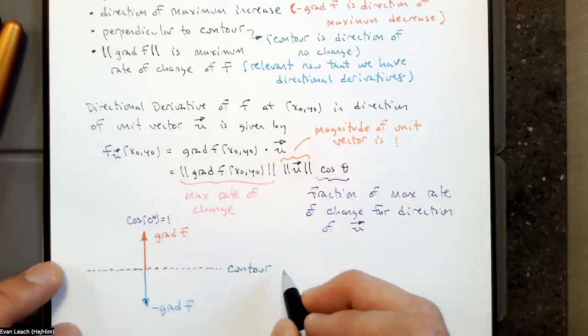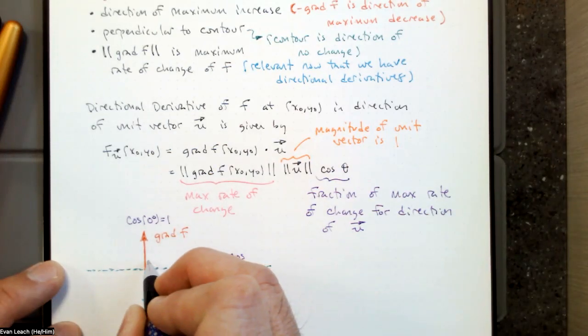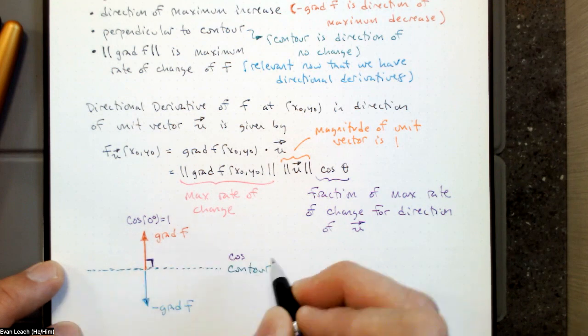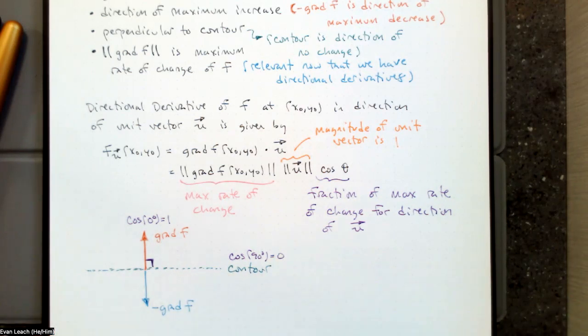At the contour, we're at 90 degrees. The cosine of 90 is equal to 0. So we're getting 0 times the maximum rate of change.